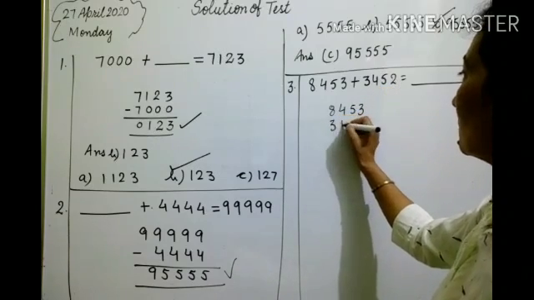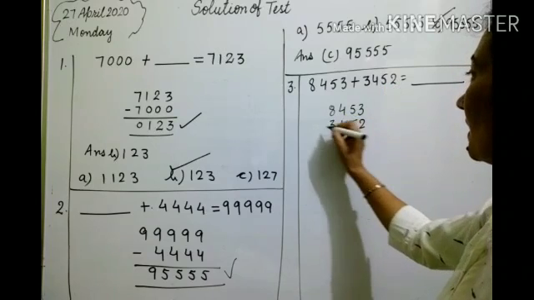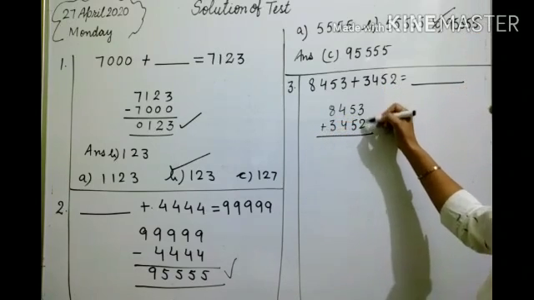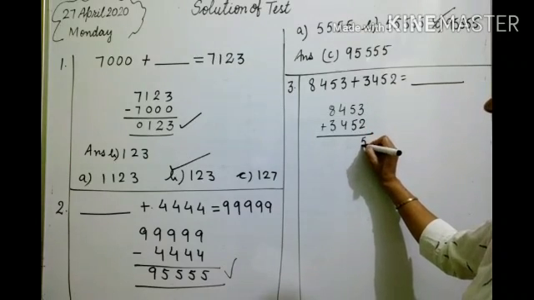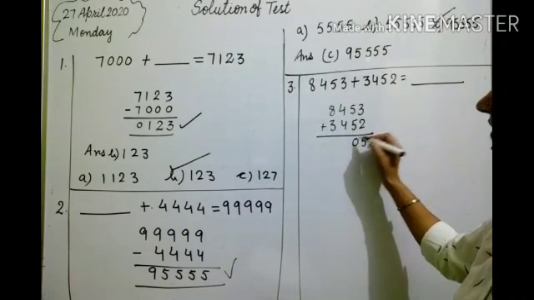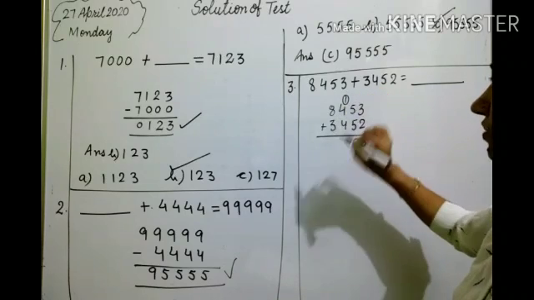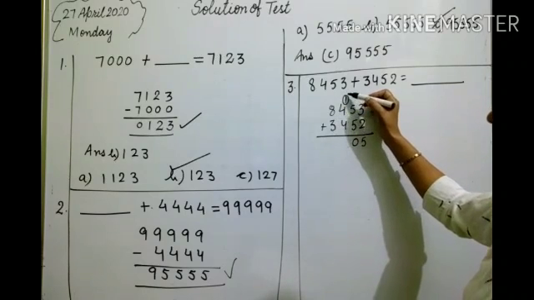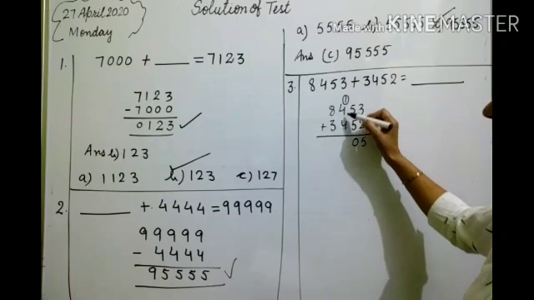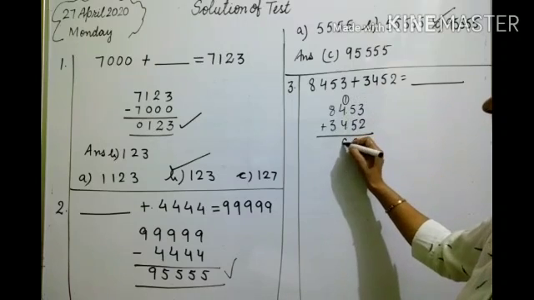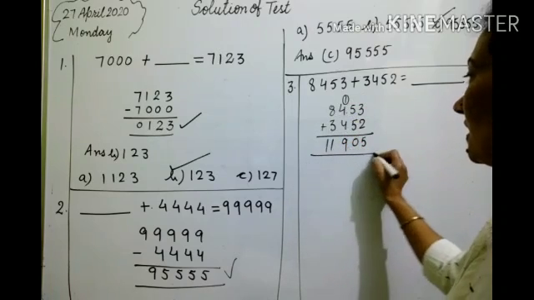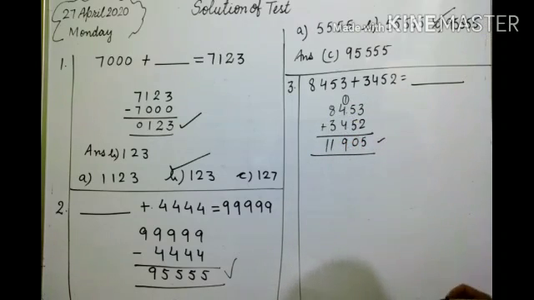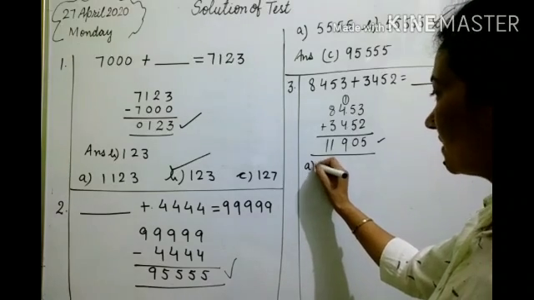Starting from the ones place, 3 plus 2 is 5, 5 plus 5 is 10. One carry will go to the next place. Now 4 plus 4 plus 1 carry is 9. 8 plus 3 is 11. Our answer we got.